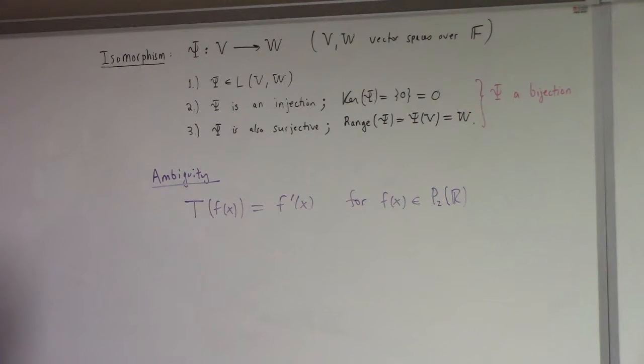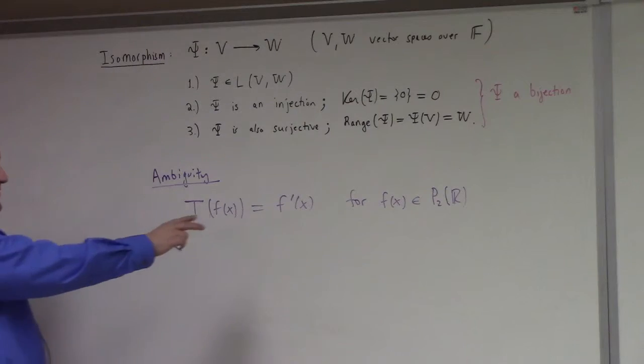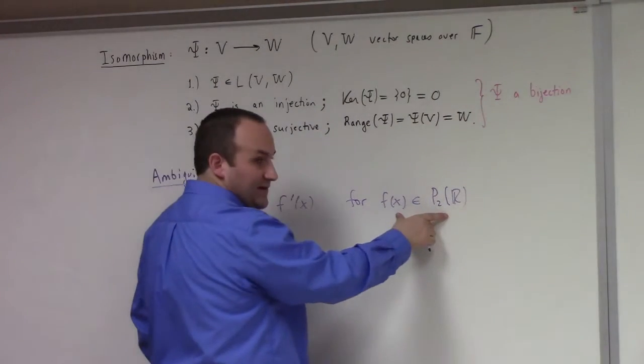Is this a surjection? Is this mapping onto? The answer is, what do you mean? I can't answer the question of whether this mapping is a surjection until I first answer the more basic question of what's the domain and what's the codomain. The codomain would seem to implicitly be P2(R).